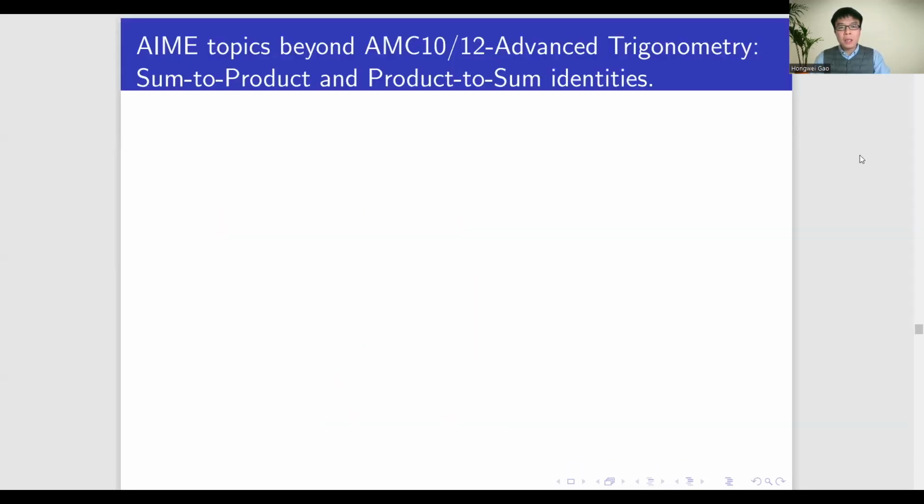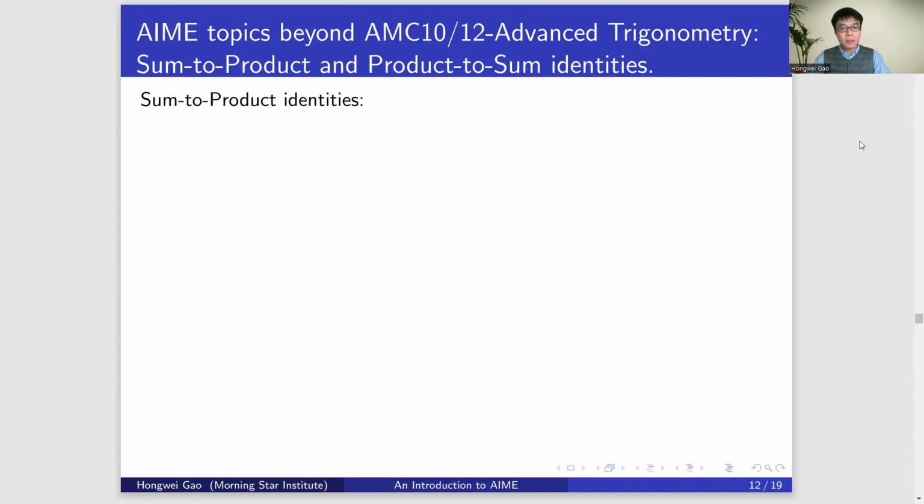The third AIME topic that's beyond AMC 10/12 is advanced trigonometry. Here we talk about the sum-to-product and product-to-sum identities. For example, the sum-to-product identities. The first one, sine alpha plus sine beta, can be written as 2 times sine of (alpha plus beta) over 2 times cosine of (alpha minus beta) over 2.